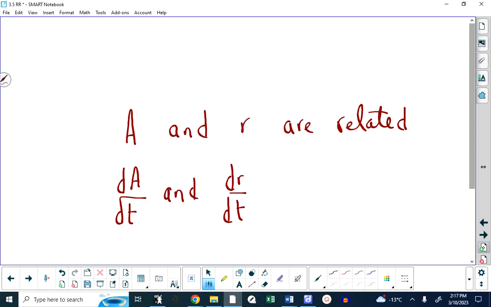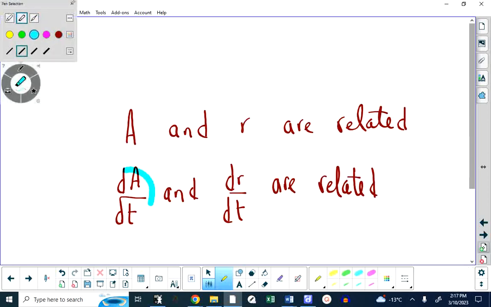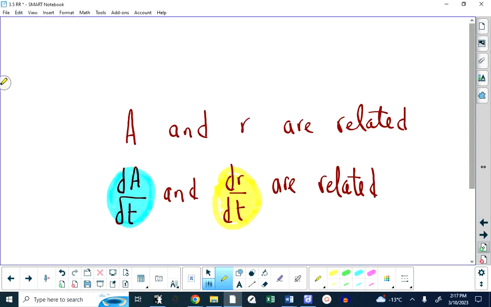That's what related means in math. Okay, well, these things that I'm going to highlight are related, and they're rates. This is why we call it related rates. The question is, how are they related? And it's a very simple question once you're shown how to figure it out.